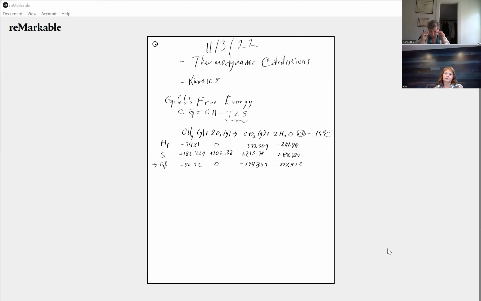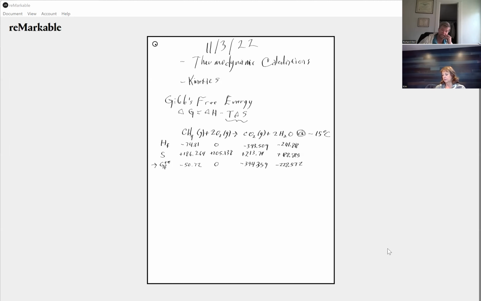Okay, this is our data. There are several things that we must understand about this. This little zero here tells us that this is at standard conditions. This is at room temperature.